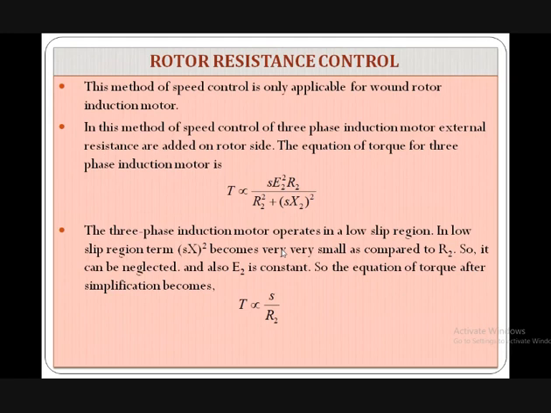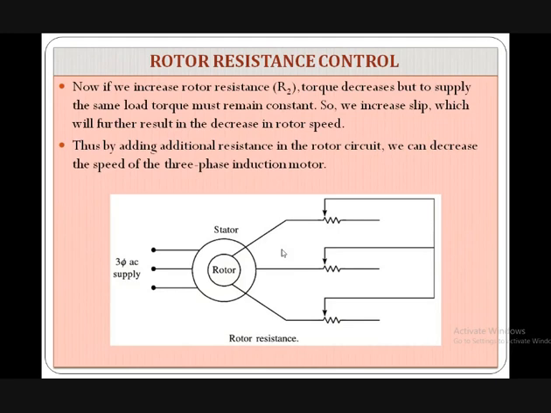So for constant torque operation, slip is directly proportional to rotor resistance. If rotor resistance is increased, the slip will increase, which will further cause reduction in speed. Thus, by adding additional resistance in the rotor circuit, we can decrease the speed of the three-phase induction motor.